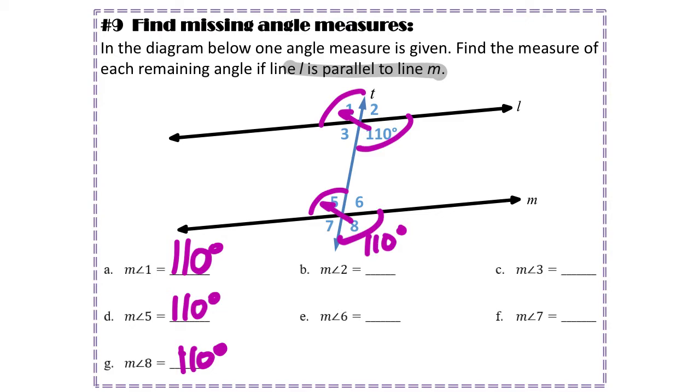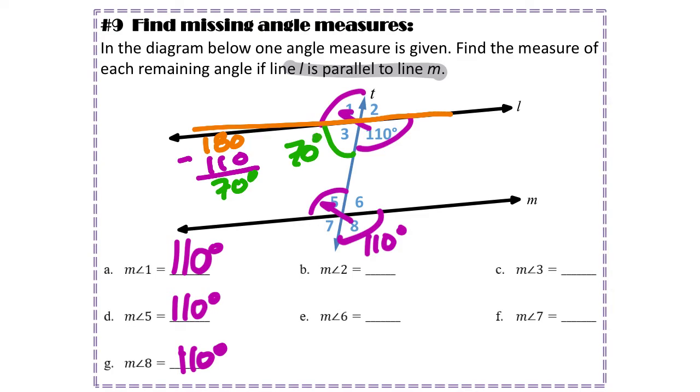But what about, for example, let's look at angle 3 here, okay? Well, I see that angle 3 creates a linear pair with 110 degrees. So to solve for it, I could take 180 degrees, which is the straight angle, and subtract the one angle that was given, 110 degrees, and then I get angle 3 here at 70 degrees.